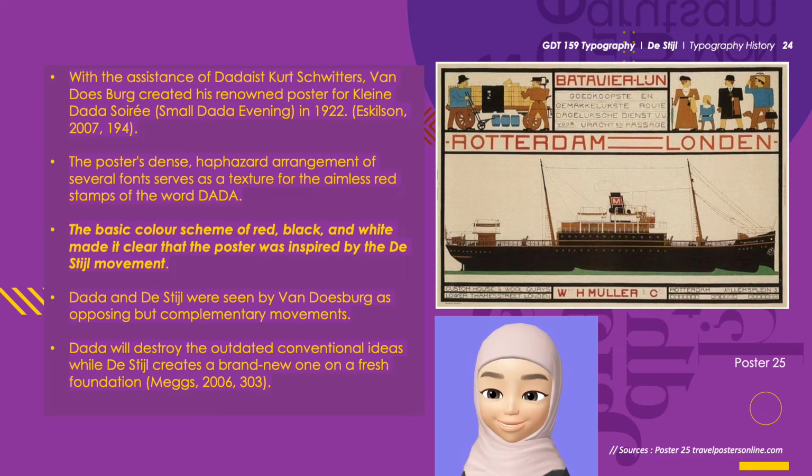The basic color scheme of red, black, and white made it clear that the poster was inspired by the De Stijl movement. Dada was seen by Van Doesburg as an opposing but complementary movement. Dada will destroy the outdated conventional ideas while De Stijl created a brand new one with a fresh foundation.